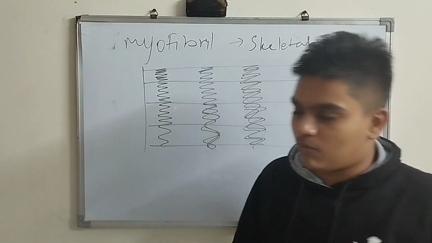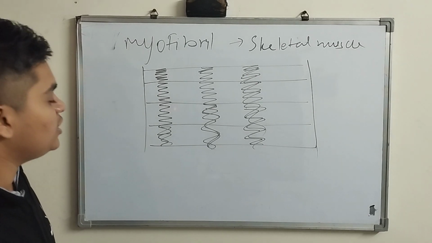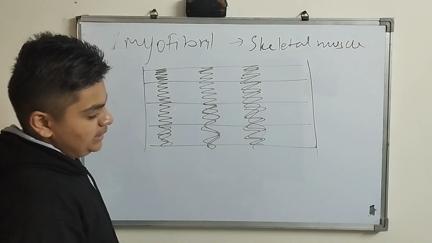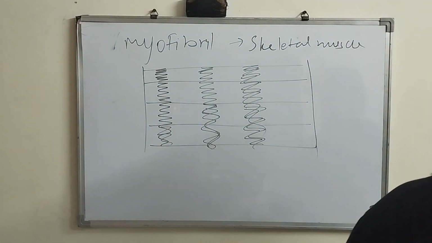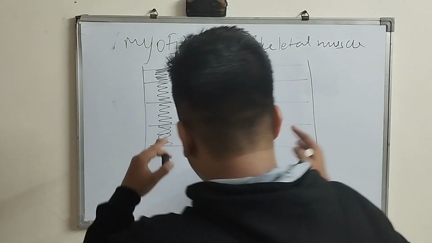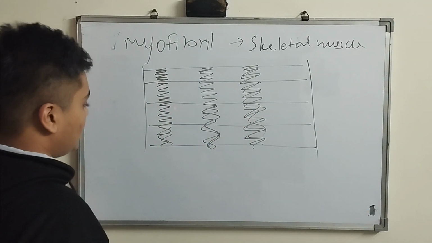Got it? Now, these striations are called light and dark bands respectively. And what do these contain? First of all, the muscle contraction unit. What is the muscle contraction unit? Let's talk a bit later.